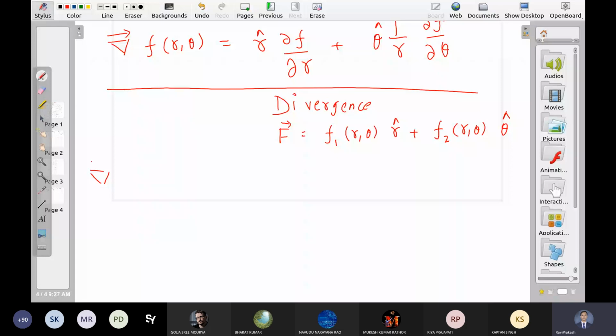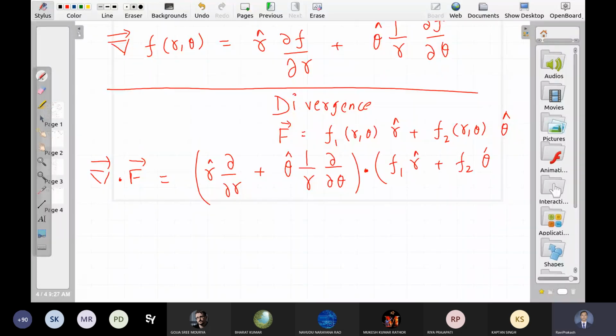Let us write del dot f1 r cap plus f2 theta cap.